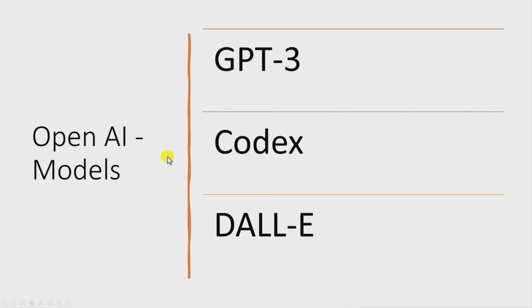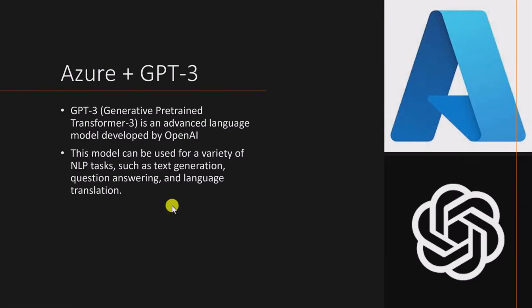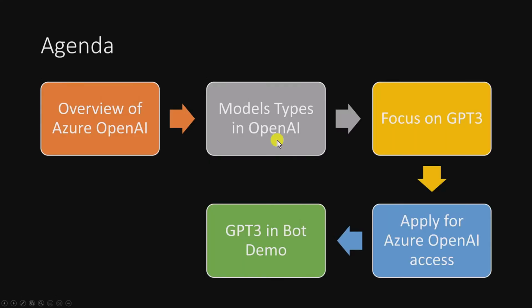As I said earlier, our focus is completely GPT-3, so we'll focus on this topic. First, we'll understand what is GPT-3. GPT-3 is a generative pre-trained transformer, one of the advanced language models developed. Second, what are the modules available in the Azure OpenAI concept. Third, we focus on the particular model, GPT-3.